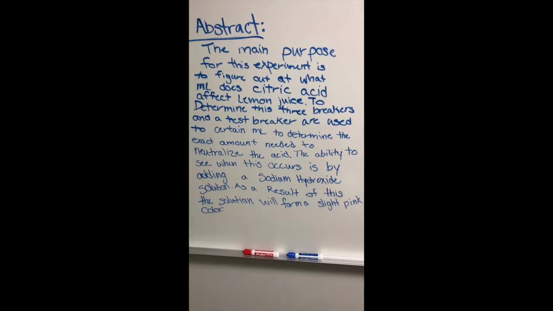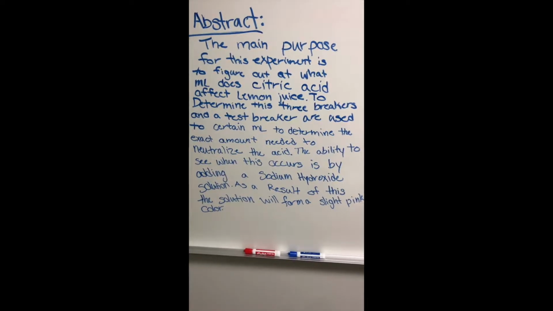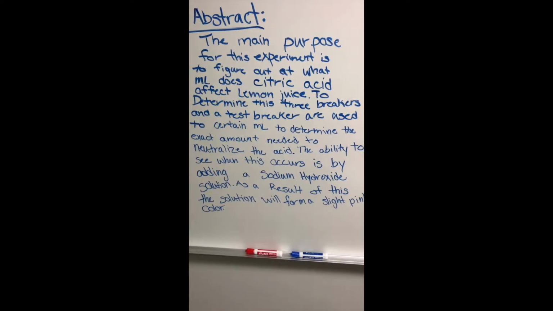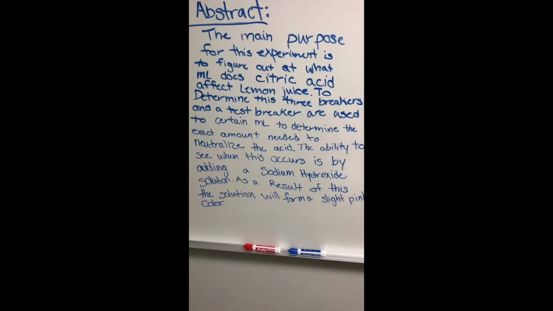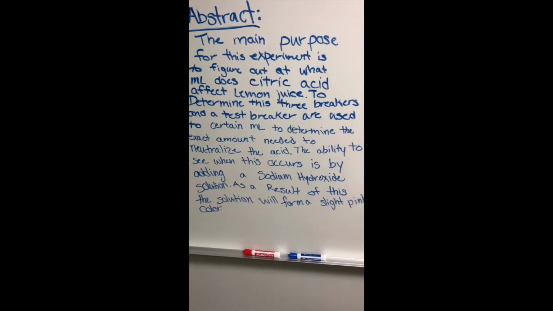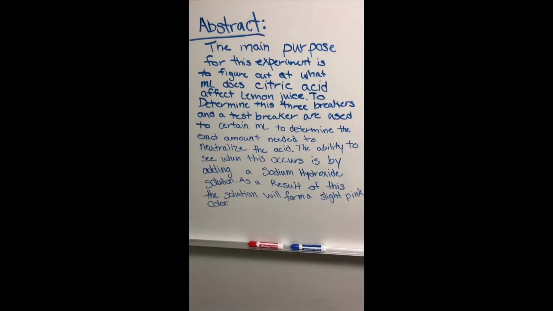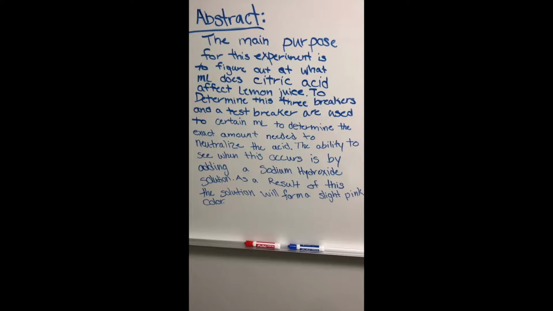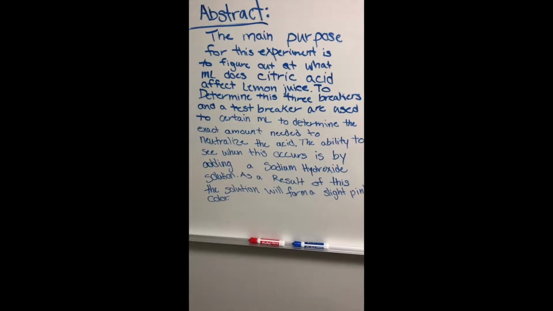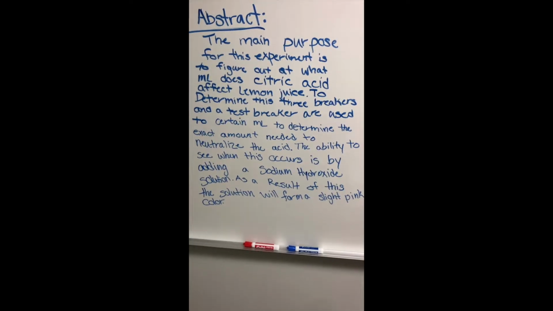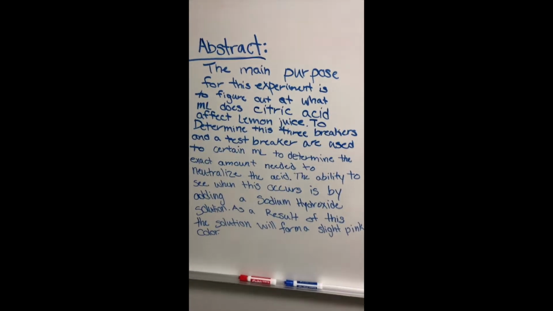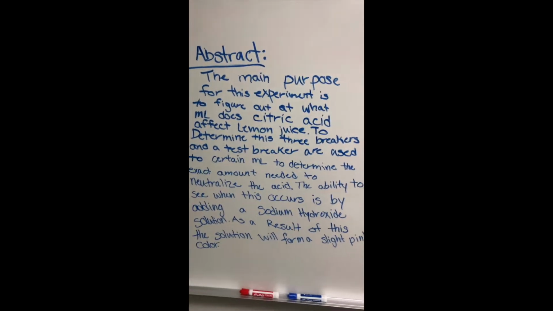To determine this, 3 beakers and a test beaker are used, each with a certain milliliter amount, to determine the amount needed to neutralize the acid. The ability to see this occurs by adding a solution called sodium hydroxide. As a result of this, the solution should form a light pink color.